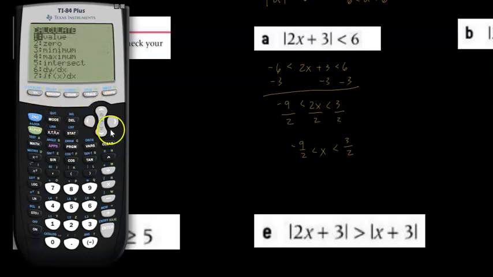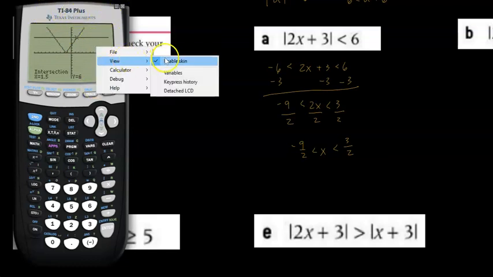Second, calculate, intersection right here. Enter. There's 1.5. And so it's going to be all the areas that are below y equals 6.